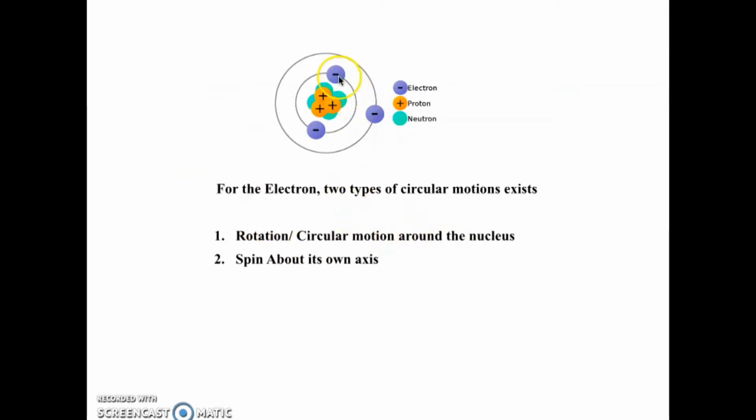It means that the electrons not only rotate around the nucleus but also spin about their own axis. Similarly, the nucleus, which consists of positively charged protons and neutral neutrons, also spins about its own axis.